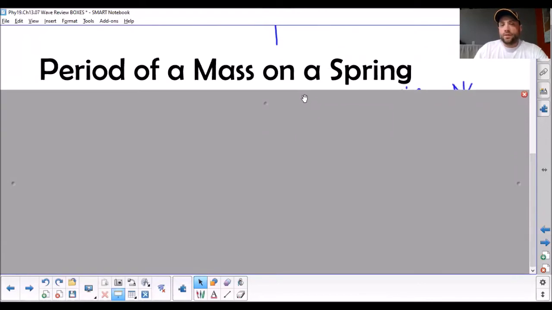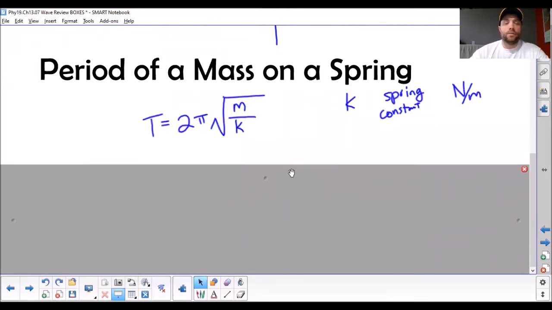All right. Then we talked about period of a mass on a spring. We had a special equation for that. Do you remember what that equation was? Now, if this was a quiz or test, I would give you this equation, but it is good just to have it in the back of your head. So, period is 2 pi times the square root of the mass over k, which was the spring constant.